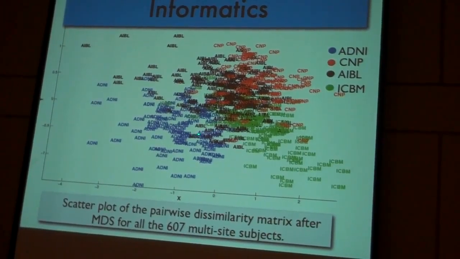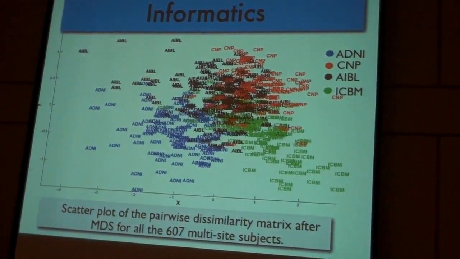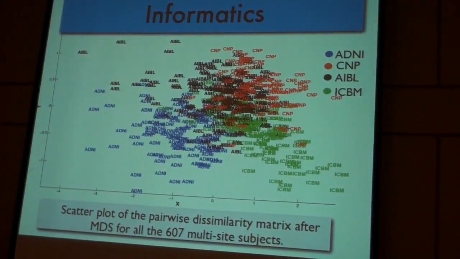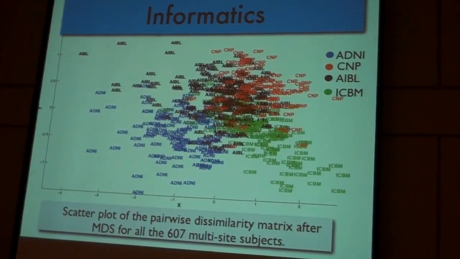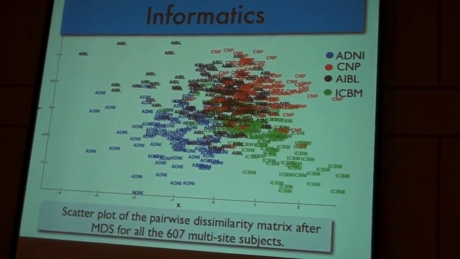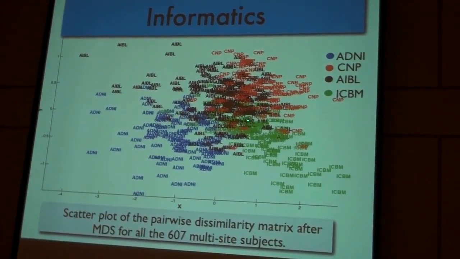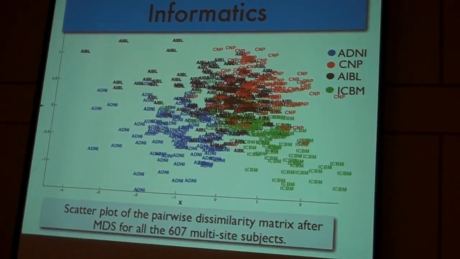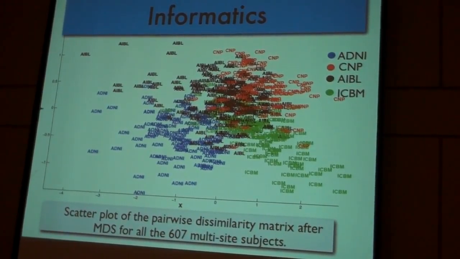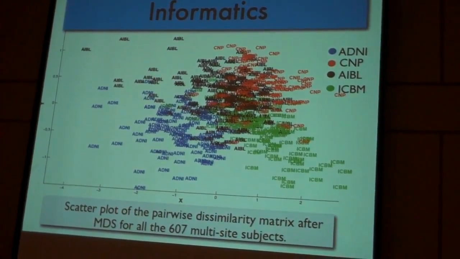So just based on the distance matrix, again, we projected it in the 2D space this time using MDS, and you could see that the sites have now fallen out very easily out of this analysis. So you see all the ADNIs being clustered here, all the AIBs kind of clustered here, and the CNPs and the ICBMs. ICBMs are all completely normal control fellows.